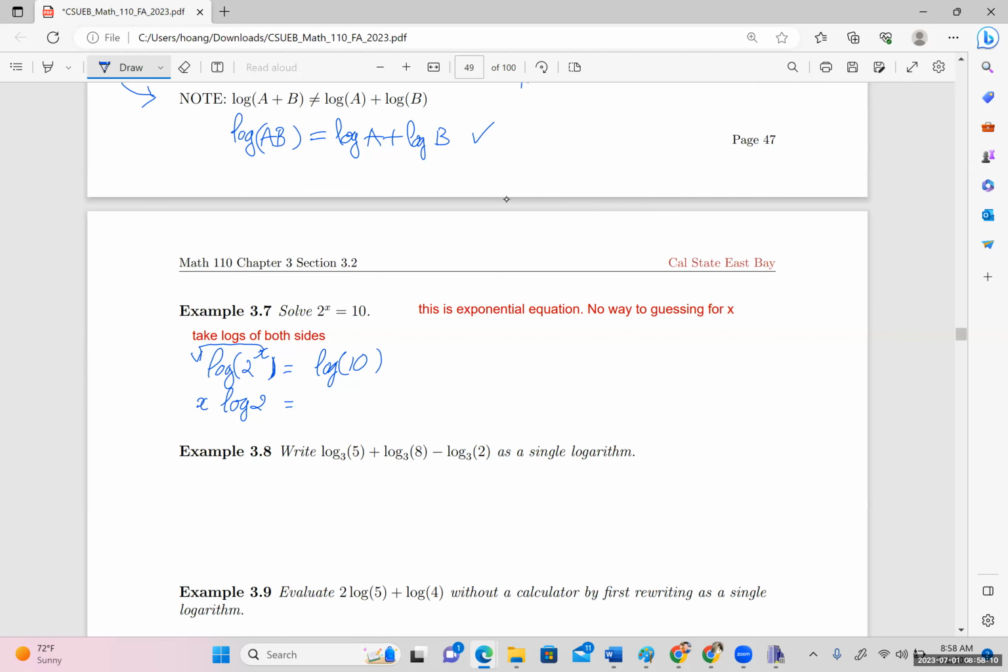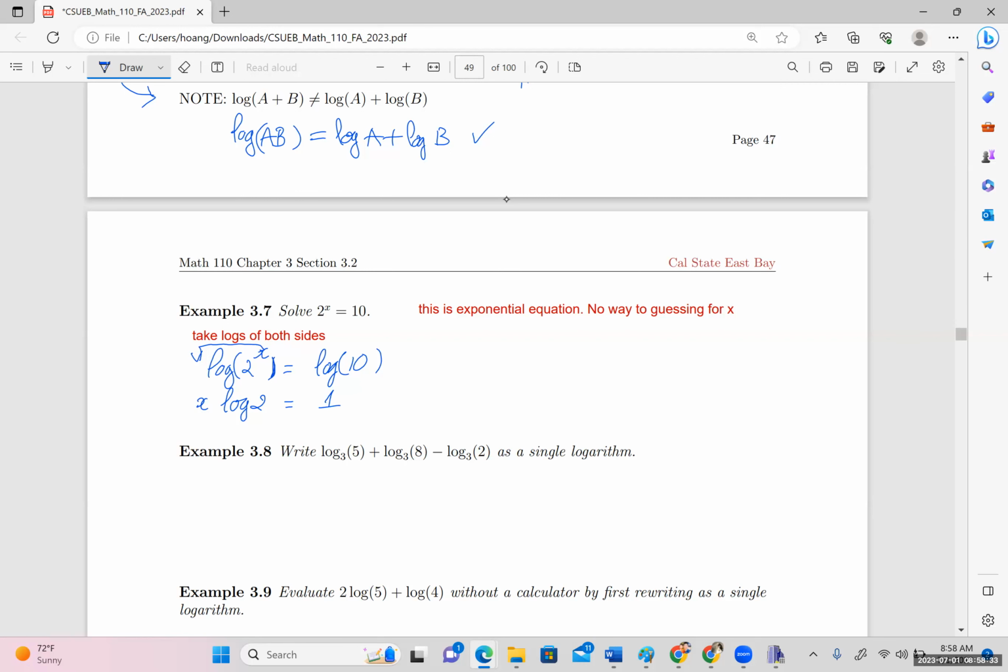And the right-hand side, what is log base 10 of 10? What is that equal to? 10 to the power of what gets number 10, right? It's 1. We can know that.